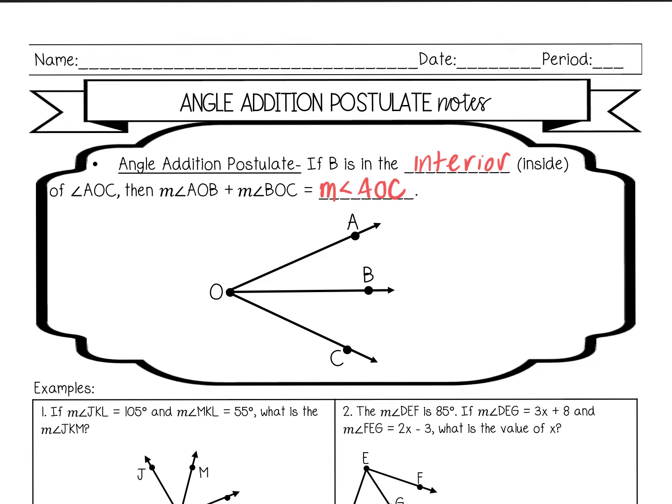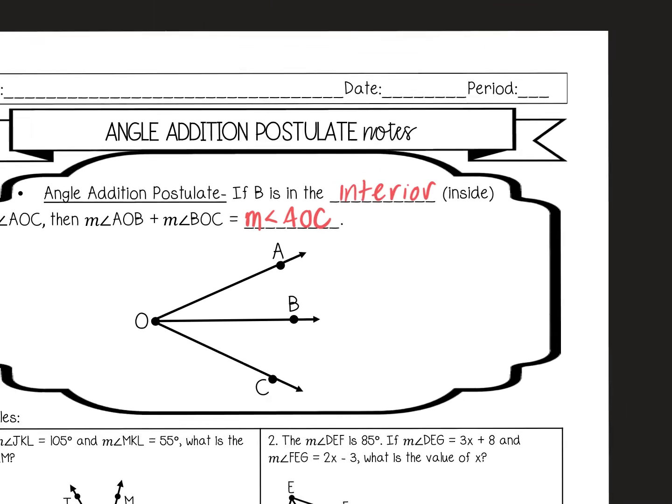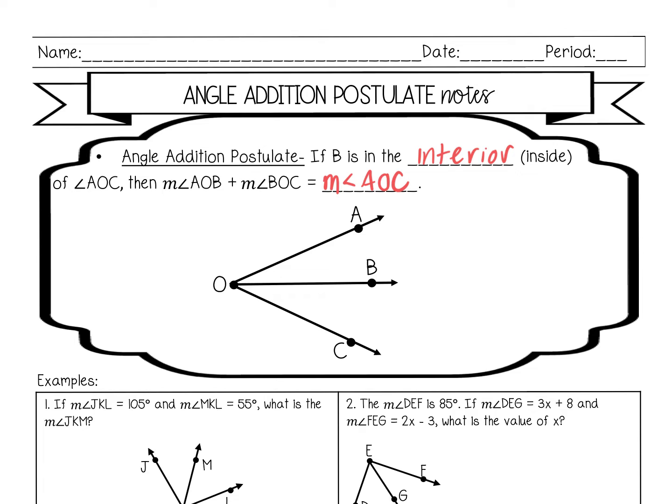So the two parts of the angle, let's highlight, this piece plus this piece equal the whole thing.